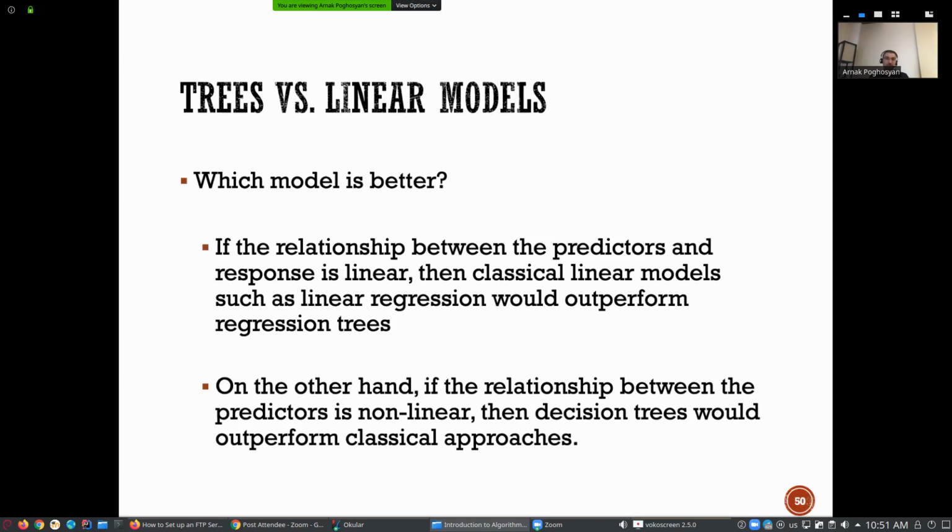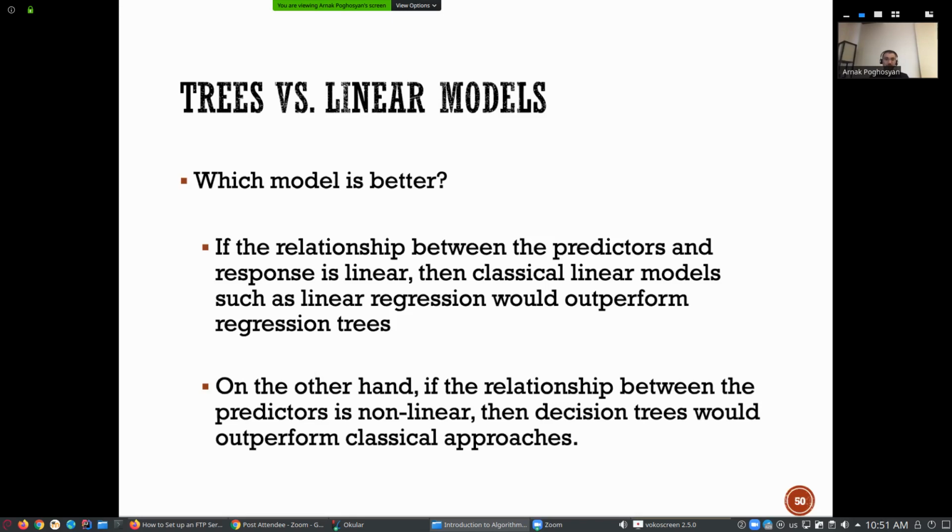So when you are trying to understand which model is better, linear models or tree models, it is natural to come to the first observation. If the relationship between the predictors and response is linear, then of course you are applying linear approaches. Everything is very logical. If you know that the relationship is not linear, then the only way that we can predict the output is to use nonlinear approaches.